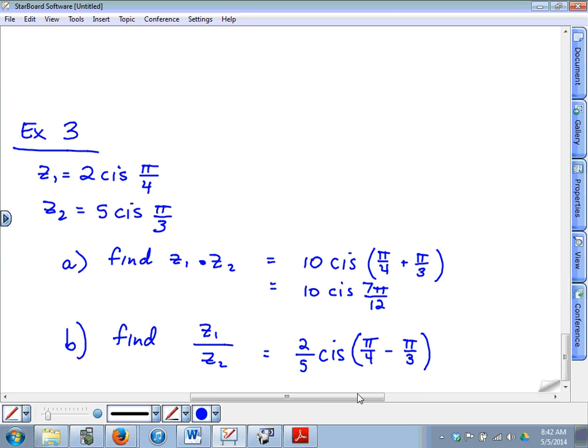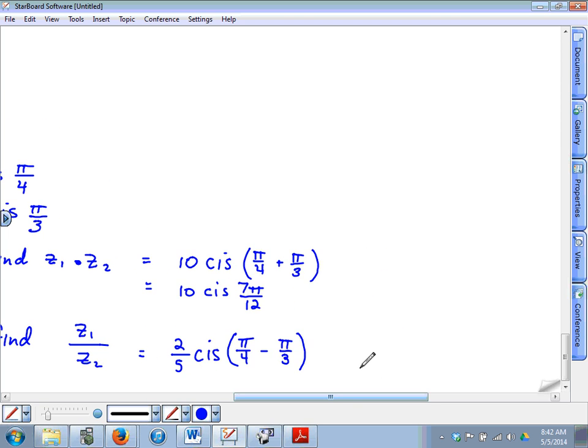So this is 2/5 CIS negative pi twelfths. And you can just leave it in polar form like that.